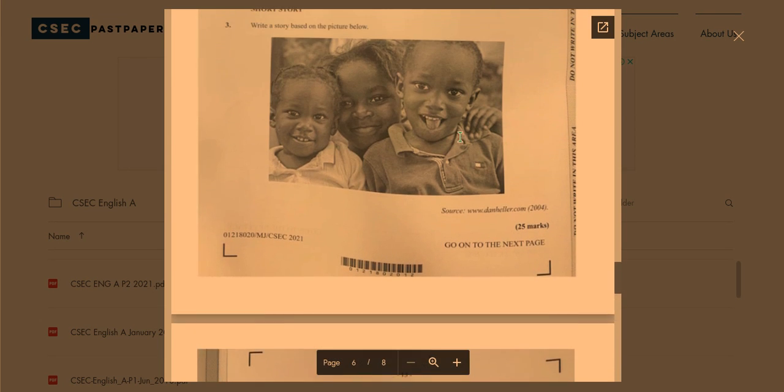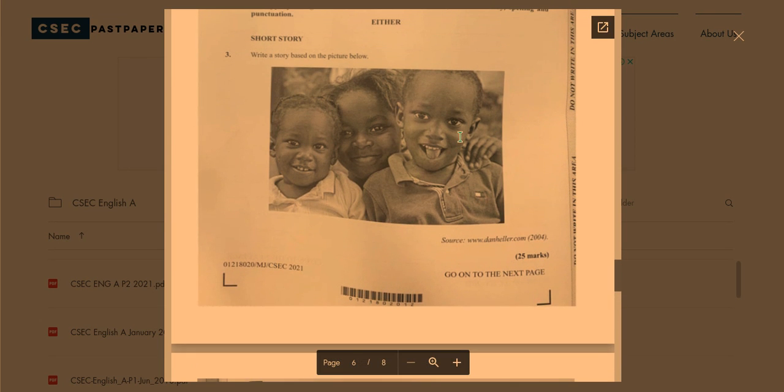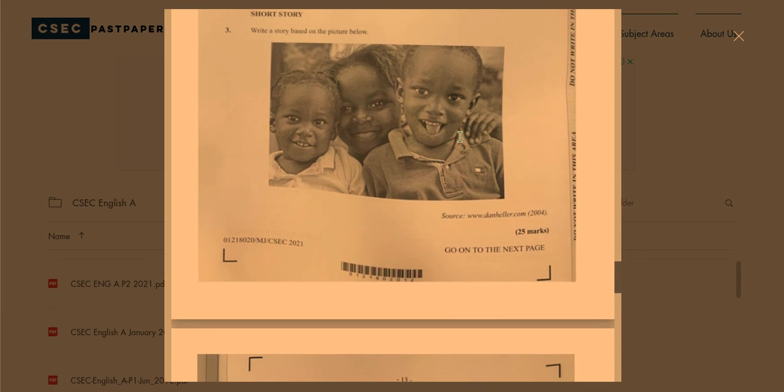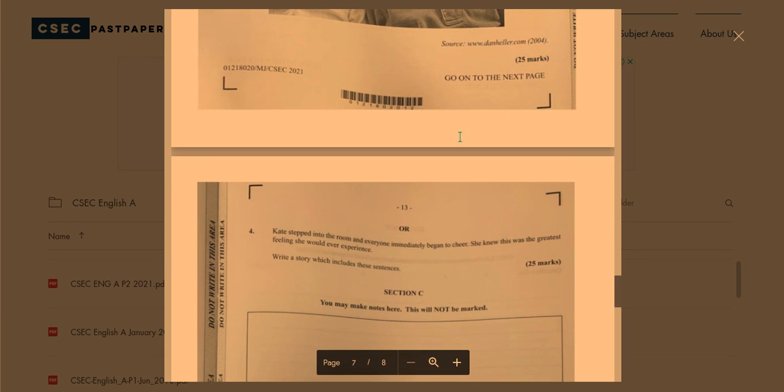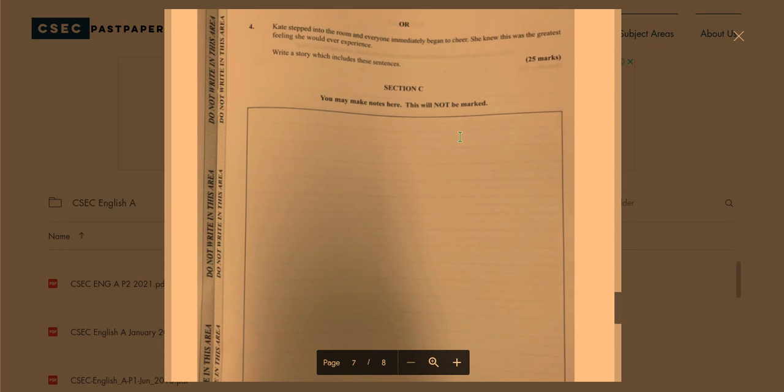For the first one, you are presented with a stimulus, and you are going to write a narrative based on this photo that you were given. At times, they may give you a statement and ask you to include this statement in your narrative. So you will decide exactly which narrative that you are going to use. Of course, there is always space for you to jot your ideas.